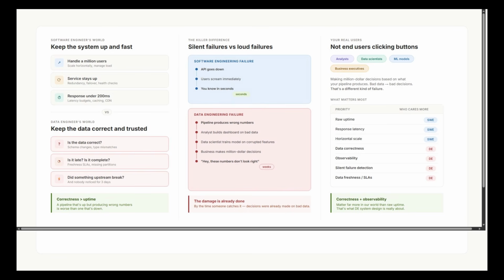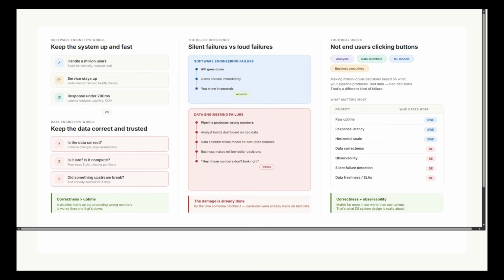You're not just worried about the system staying up. You're worried about, is the data correct? Is it late? Is it complete? Did something upstream change? And now everything downstream is broken and nobody noticed for 3 days. And that last part is the killer, the silent failure. In software engineering, if your API goes down, users scream immediately.